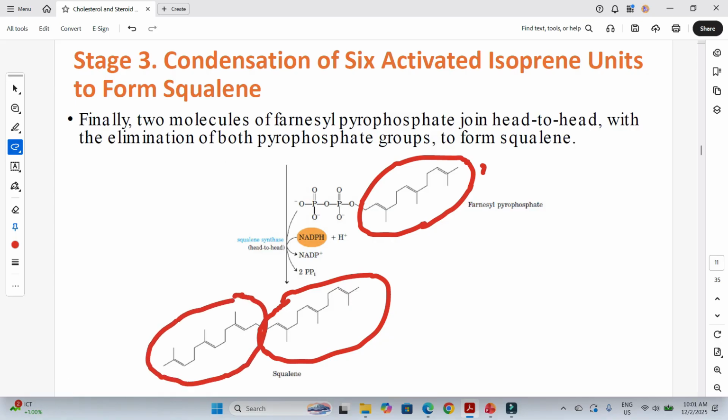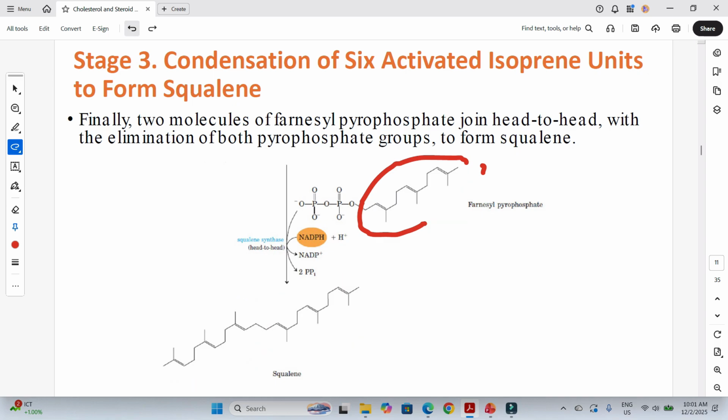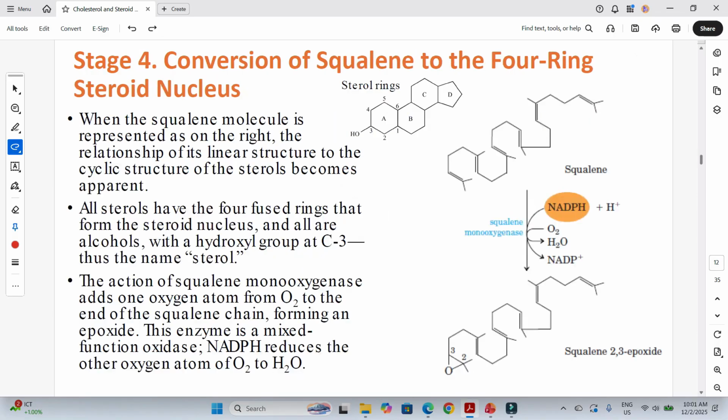They were linked to each other this time around head to head. Now this happens in an enzyme active site, and you will notice that it's actually a reductive reaction because it entails the consumption of nicotinamide adenine dinucleotide phosphate. All right, so now that we have the squalene, we're ready for stage 4.